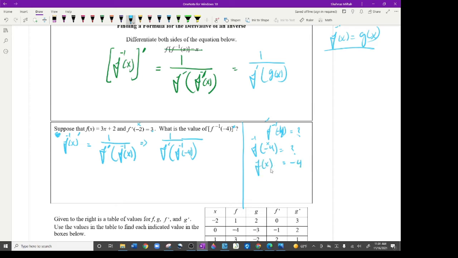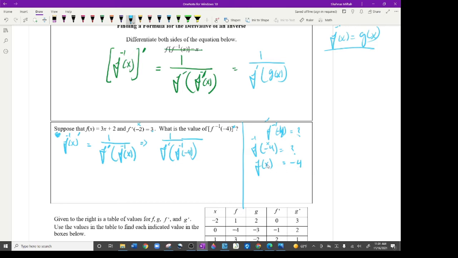Are you okay? Do you see I switched the x and y's? The inverse x becomes the y for the original. Got it? Do I know the y of the inverse? No. That's why I don't know the x either, because they are supposed to switch. Is that making sense? This is the most important step in this derivative.